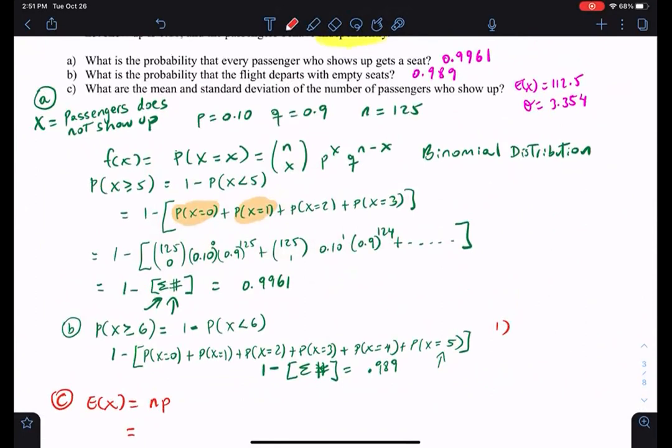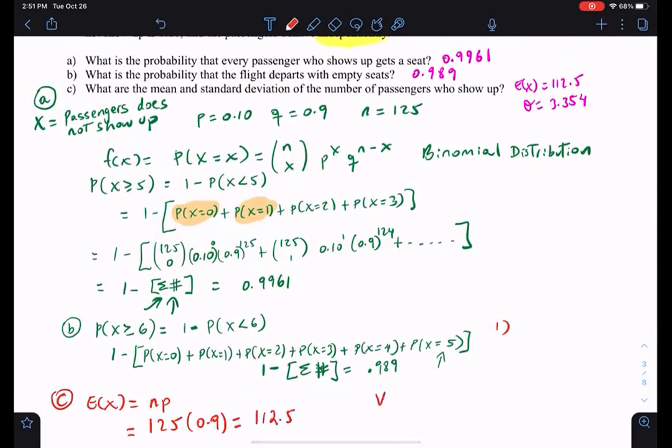Here they're asking for the mean of the number of passengers who show up, so the probability of success for that question is 0.9. So this is 125 times 0.9, which is 112.5.